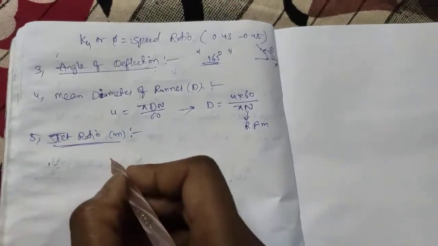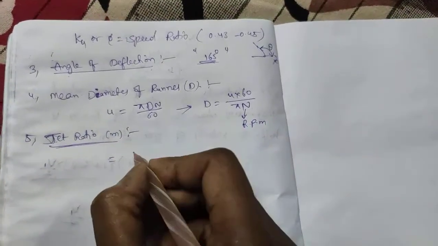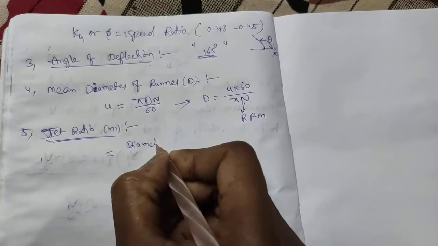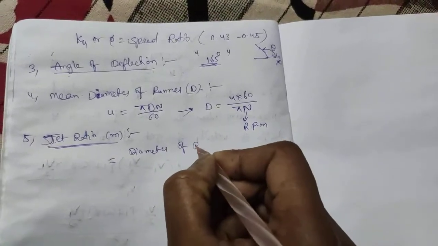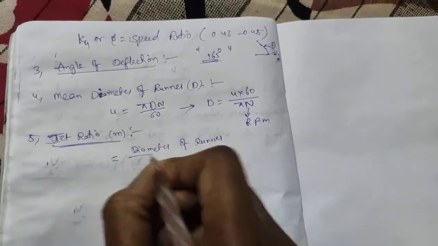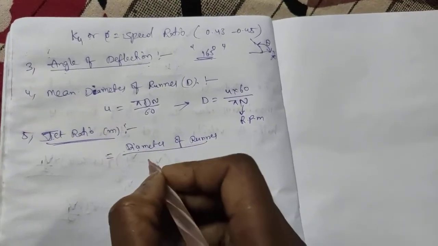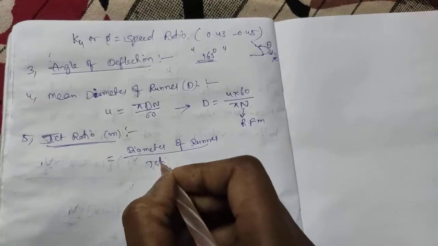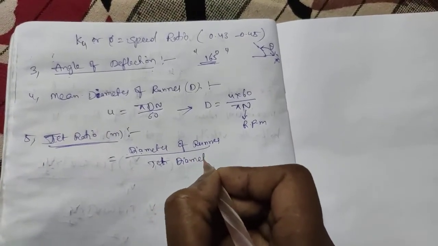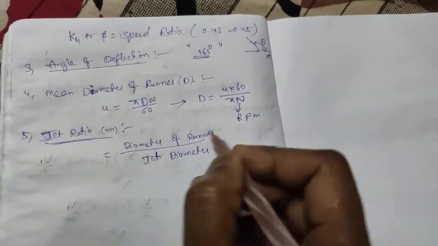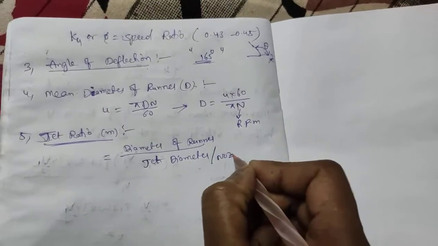Jet ratio. Jet ratio is the ratio of pitch diameter of runner by jet diameter or nozzle diameter.